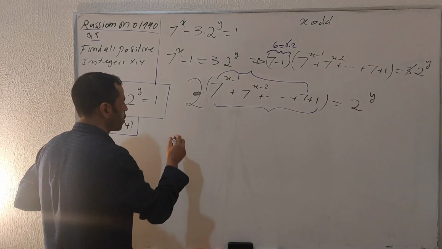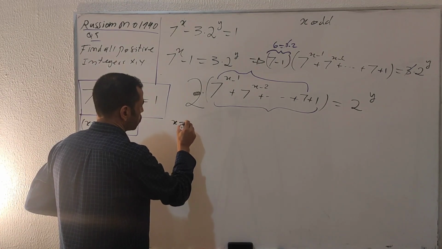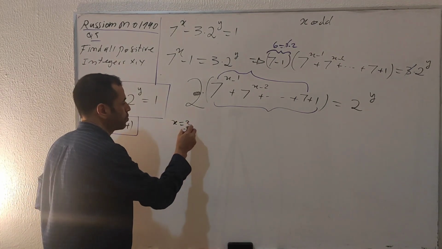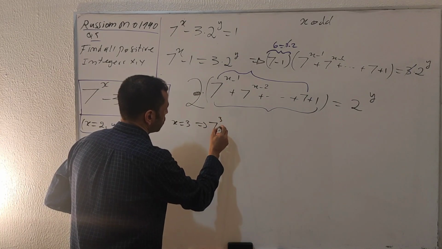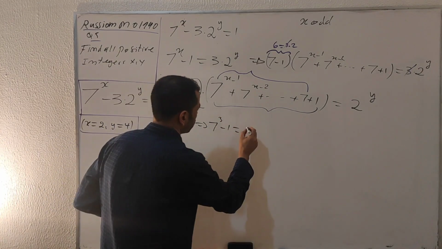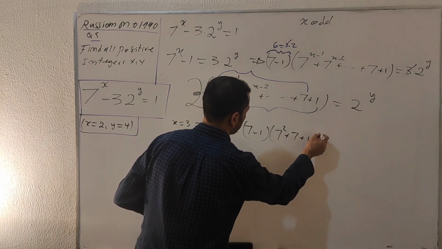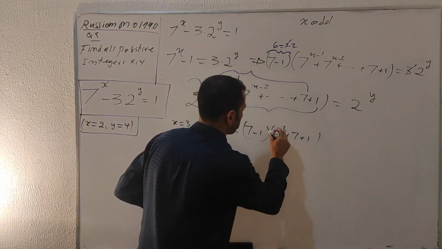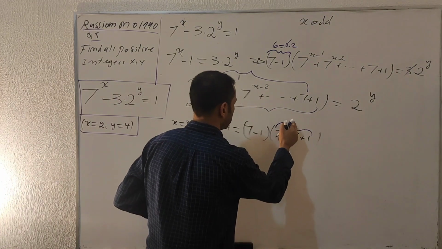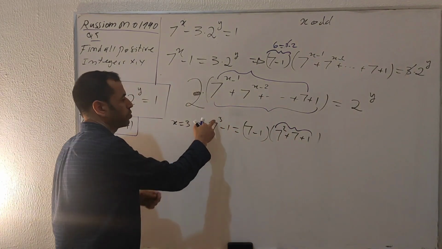For example, let's replace x with 3. We get 7 to the 3 minus 1. If I factor it out, I will get 7 minus 1, times 7 squared plus 7 plus 1. How many terms do I have here? 3 terms, because the exponent is 3.